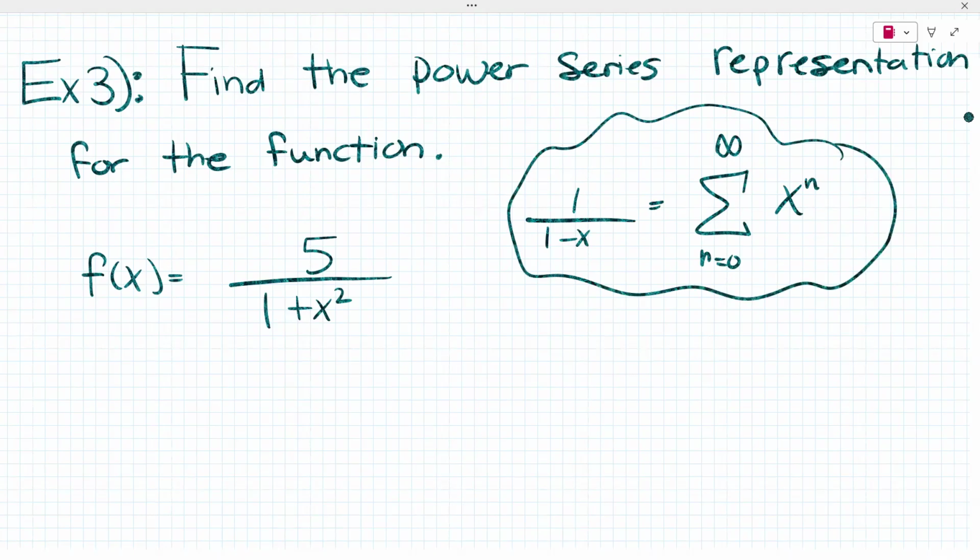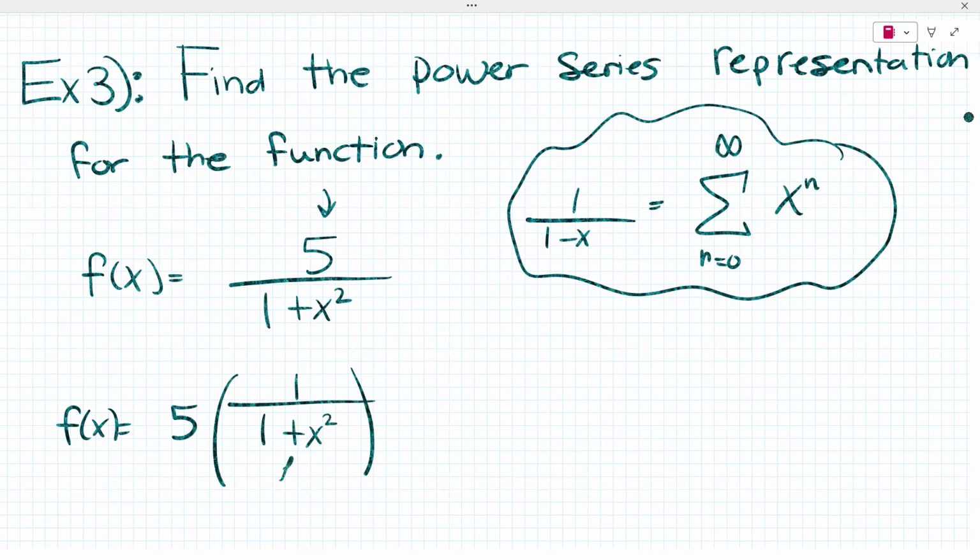So let's see, maybe we can make this 5 into a 1, and maybe somehow we can make this plus into a negative. That's easy. But what about this x squared? Well, let's start with the 5. Let's make this 5 into 1 by factoring out that 5. So you can rewrite this as f of x equals 5 times 1 over 1 plus x squared, right?